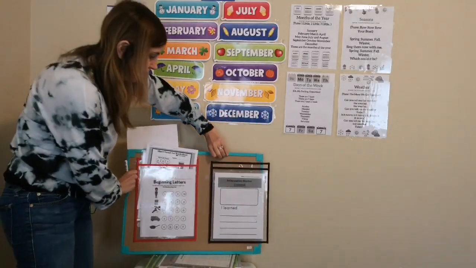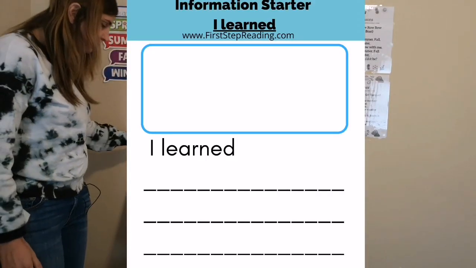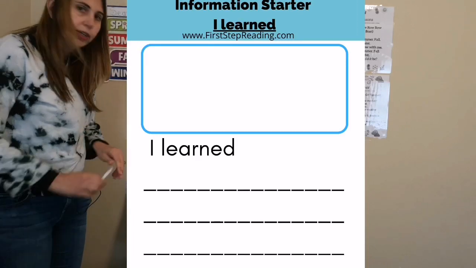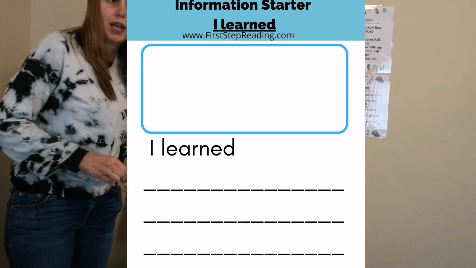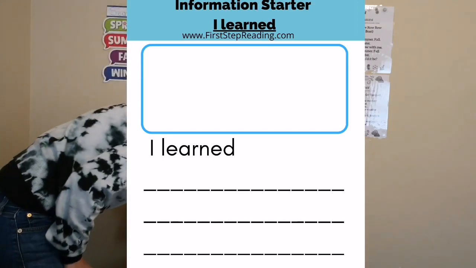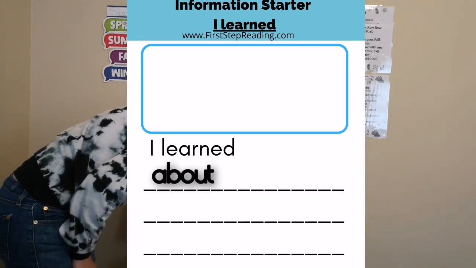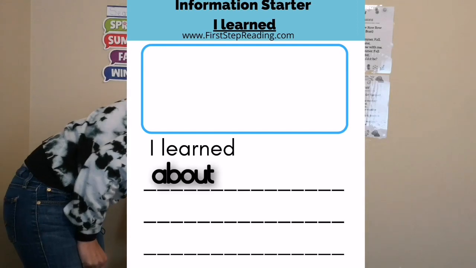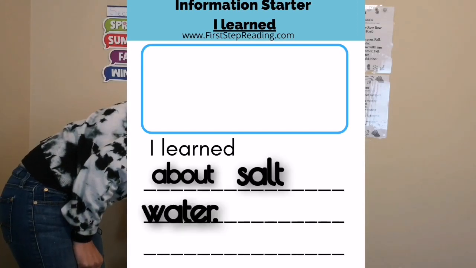Now lastly, let's write our sentence. I learned. It starts with a capital I, and I get to pick something I learned today. I learned about what.